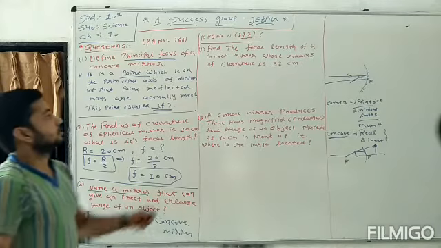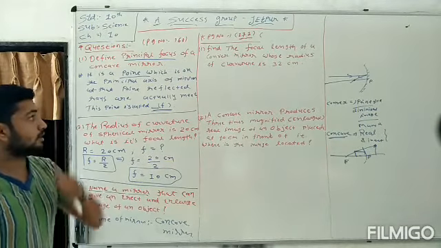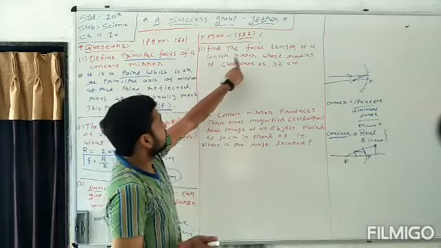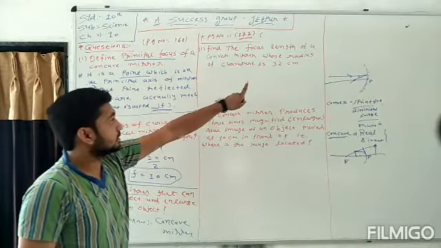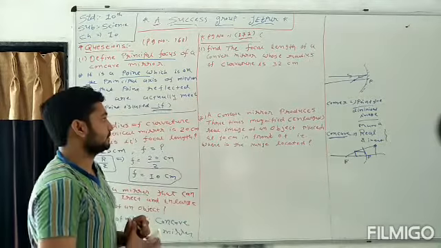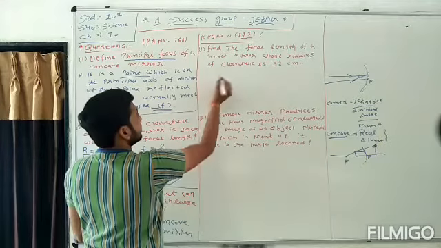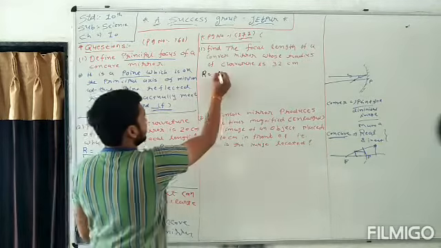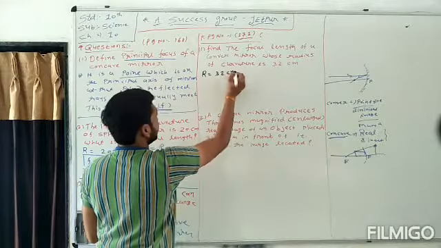Now next question, find focal length of a convex mirror whose radius of curvature is 32 centimeters. Radius of curvature means 32 centimeters.